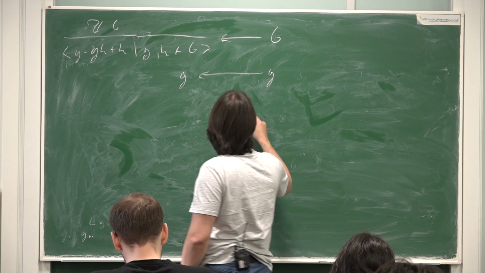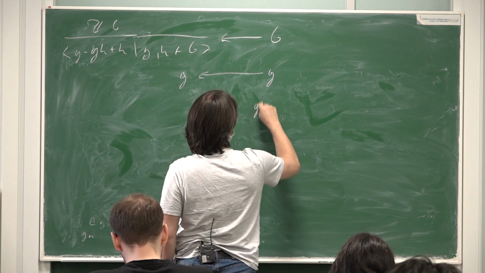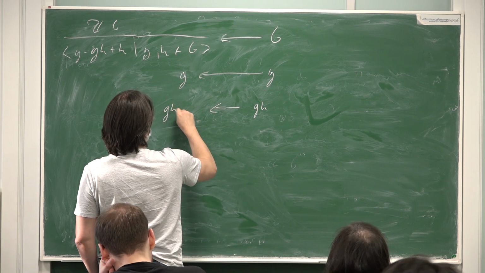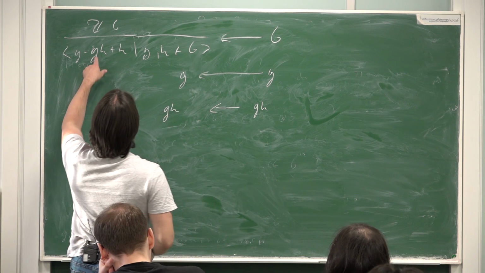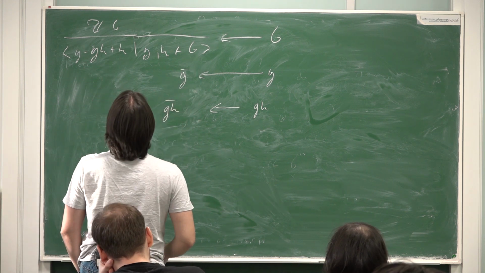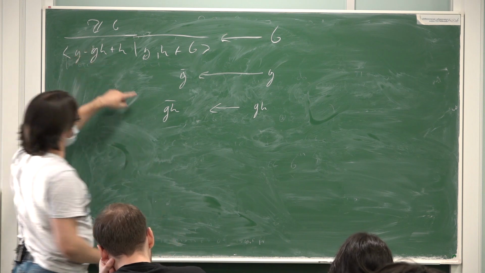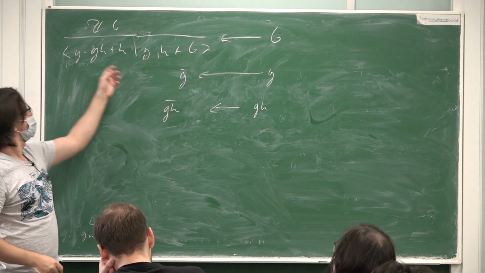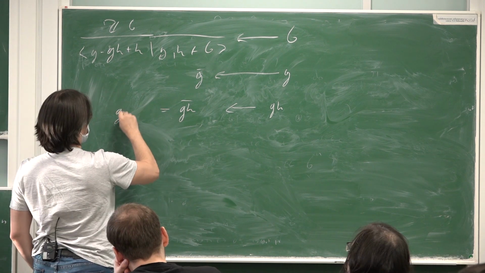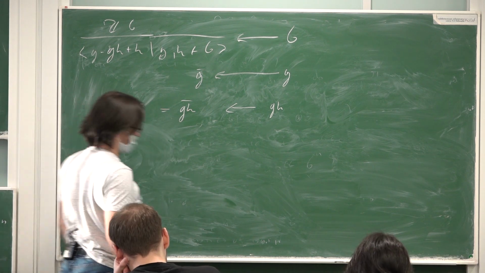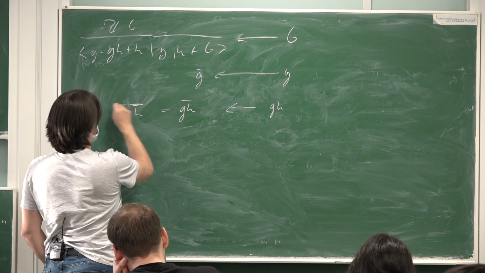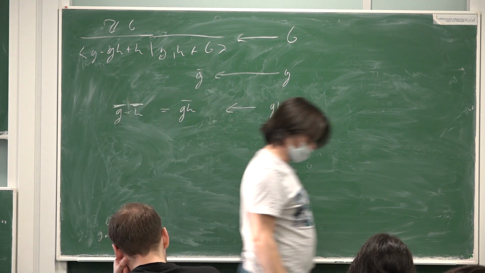If you take GH, then it goes to GH, and now this bar means that we respect this relation, so it is the class of G plus the class of H.